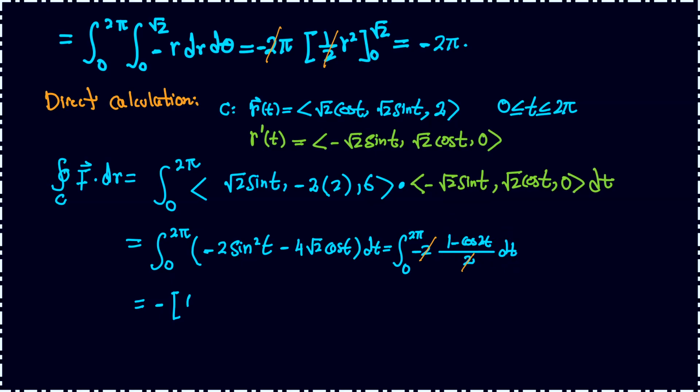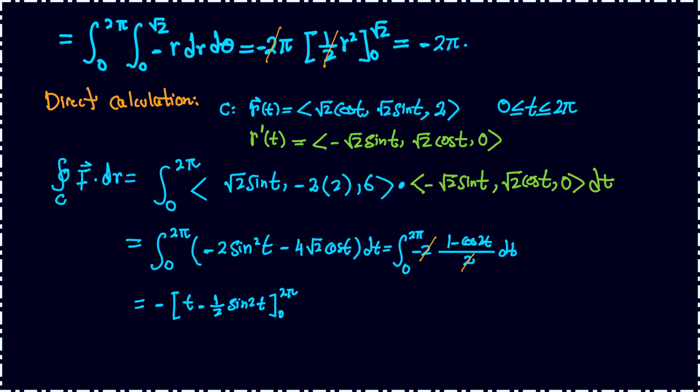Okay, and then we have the antiderivative of cosine 2t, that would be 1/2 sine 2t, going from 0 to 2 pi.